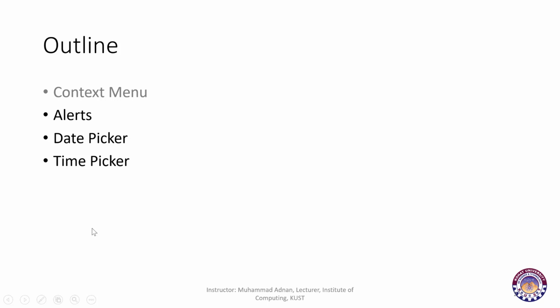We discussed in the previous class the context menu and we said why we use context menu. It appears on the screen of our activity where the user can perform some choices. But today we are going to see what are alerts, and if we have time we are also going to discuss date pickers and time pickers.